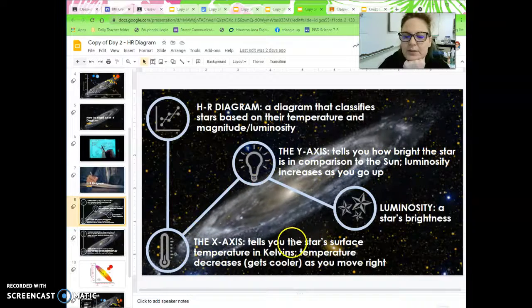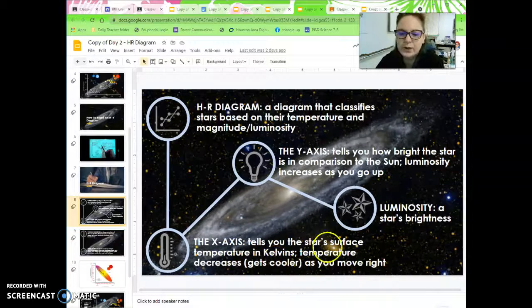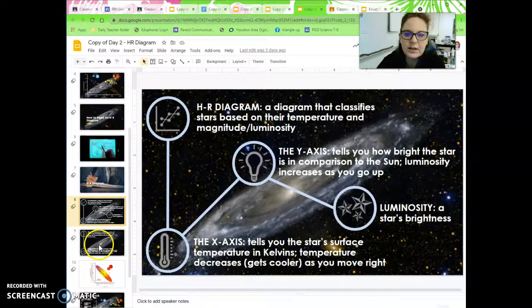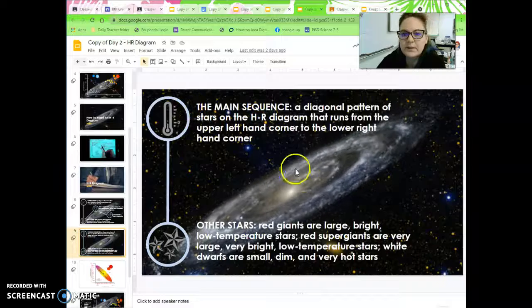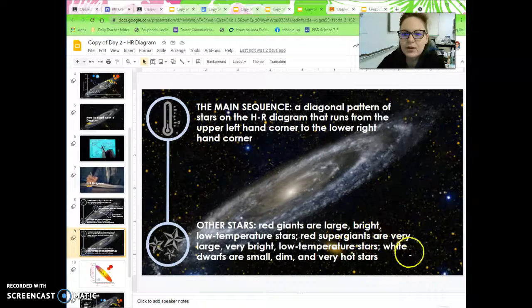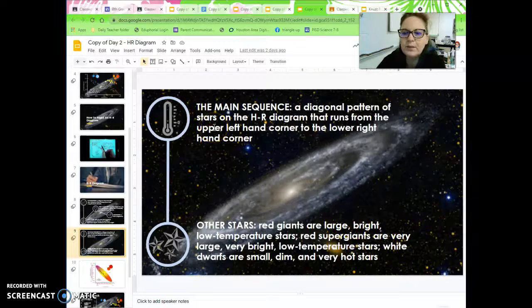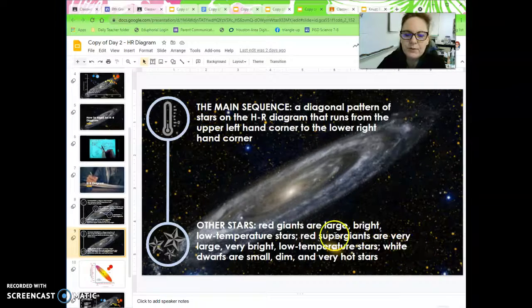The x-axis tells you the star's surface temperature in kelvins, and the temperature decreases or gets cooler as you move to the right. The luminosity is the star's brightness. The main sequence is the diagonal pattern of stars on the HR diagram that runs from the upper left corner to the lower right corner.